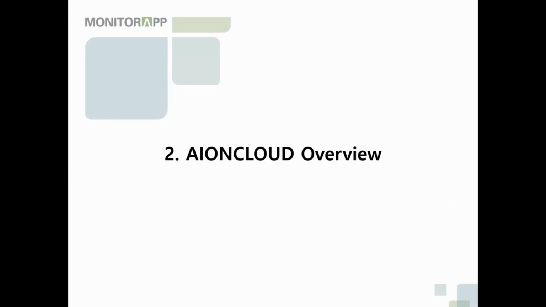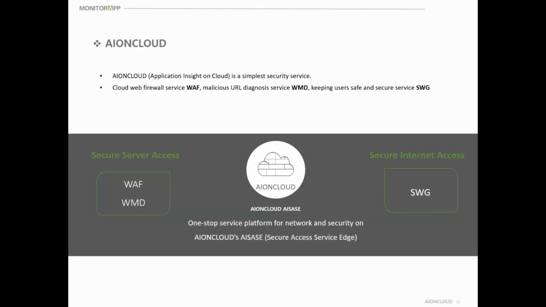So, the second, AIONCLOUD Overview. The AIONCLOUD is a comprehensive security service in the cloud, and it has two types of services: secure server access and secure internet access.